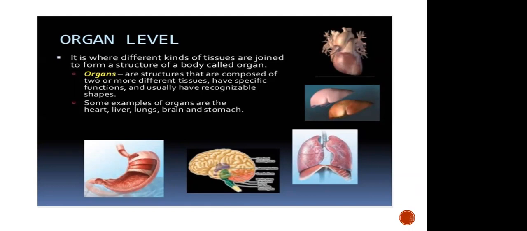Different kinds of tissues are joined together and form a structure of the body called an organ. The heart is a pumping unit, the liver is helpful for the digestion process, the lungs are responsible for the respiration process, and the brain is a coordinating unit of living organisms.